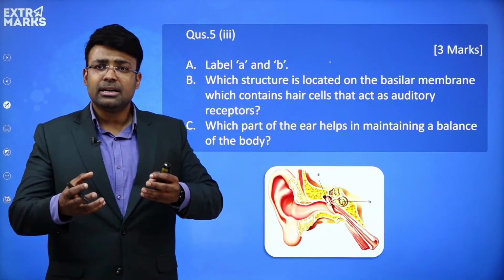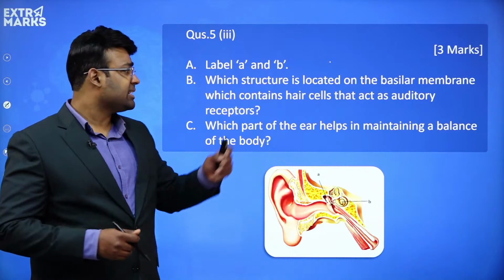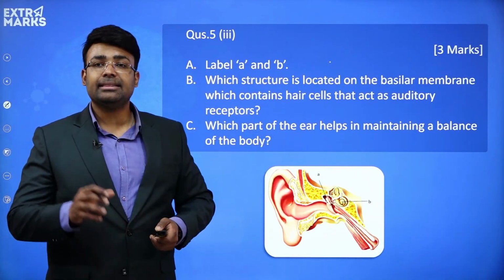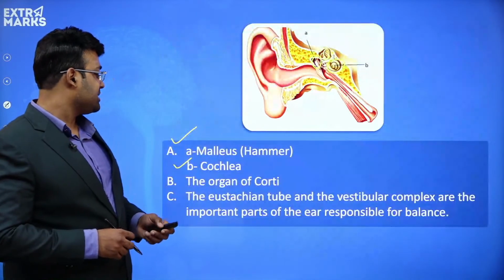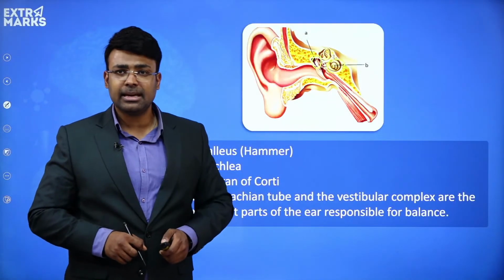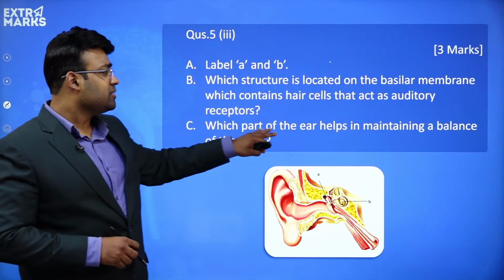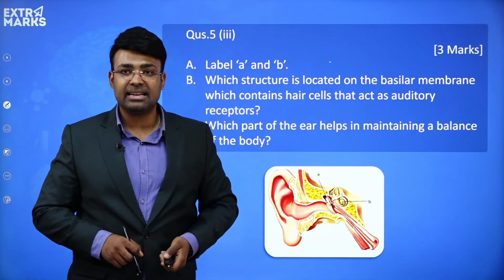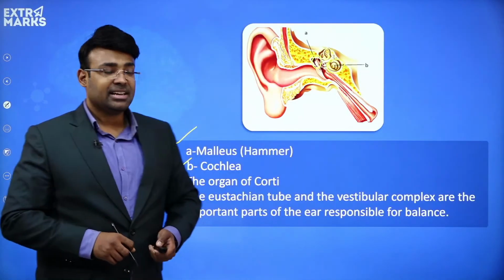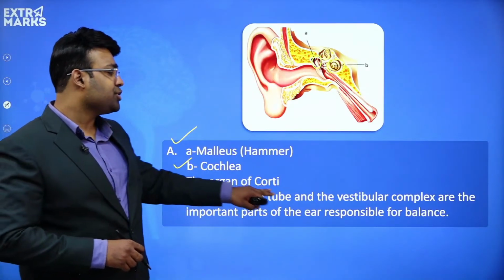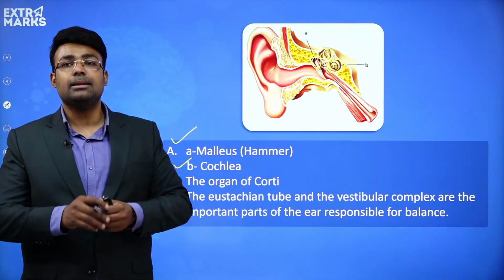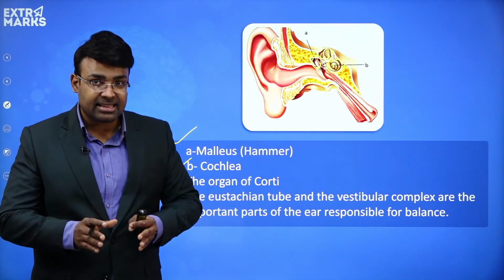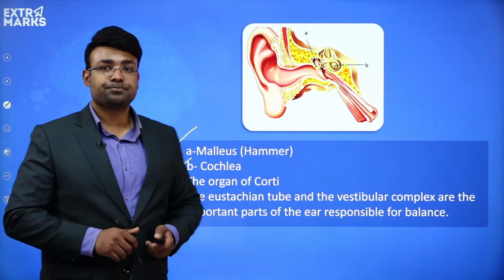So what are these hair cells? They are present in the cochlea and they help in hearing sound. So the name of this structure is the organ of Corti. Clear? And finally, which part of the ear helps in maintaining the balance? It is the eustachian tube and the vestibular complex that are the regions which help in maintaining the balance. Clear? All right.